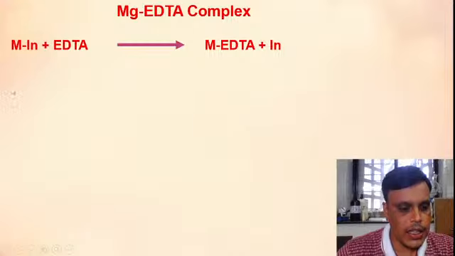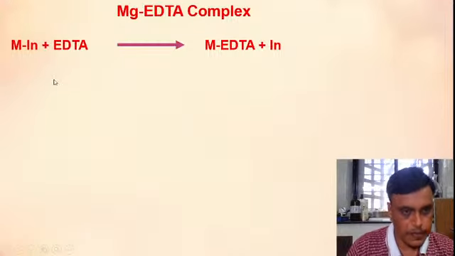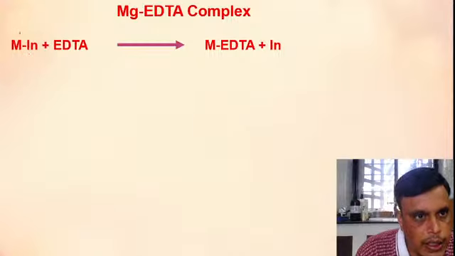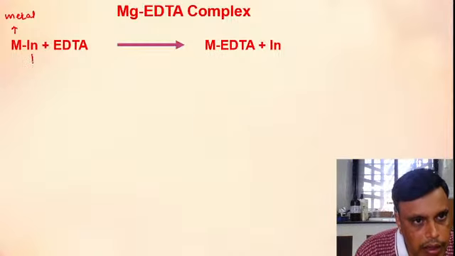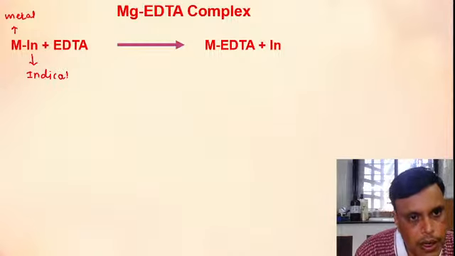First there is a complex of metal. This M indicates metal. Please remember this. M stands for metal, and this In stands for indicator.